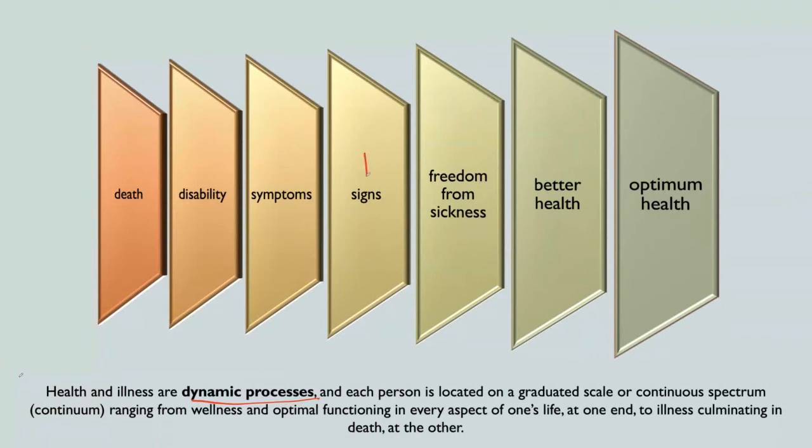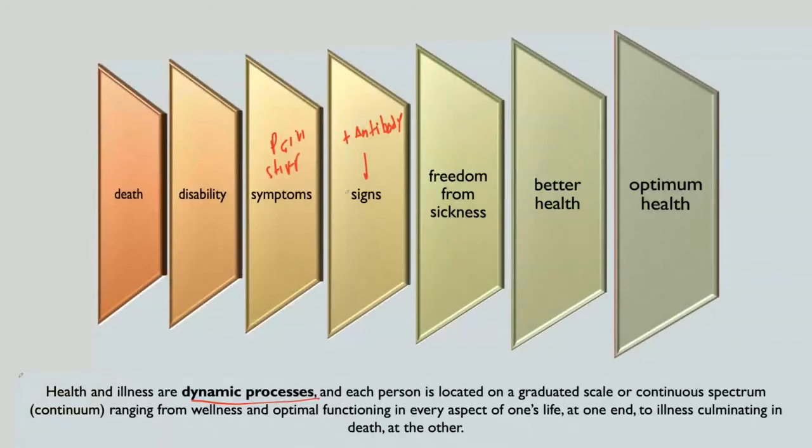Let's say someone has a positive antibody, but they don't know, maybe 5 years after this antibody is positive in the blood. They start having some symptoms: stiffness, pain. The signs tend to appear before the symptoms.